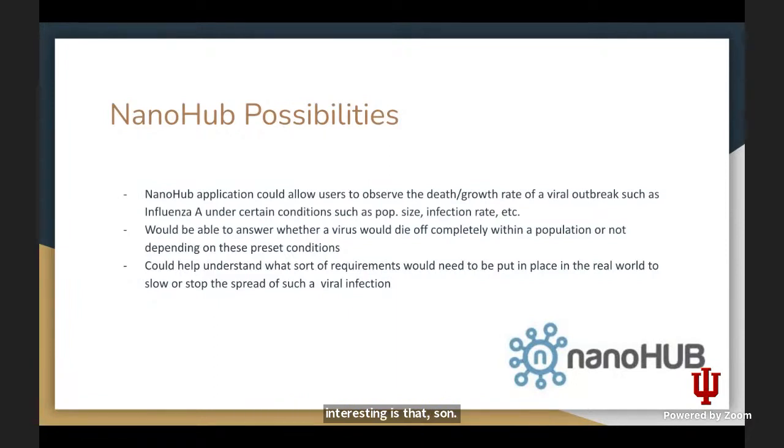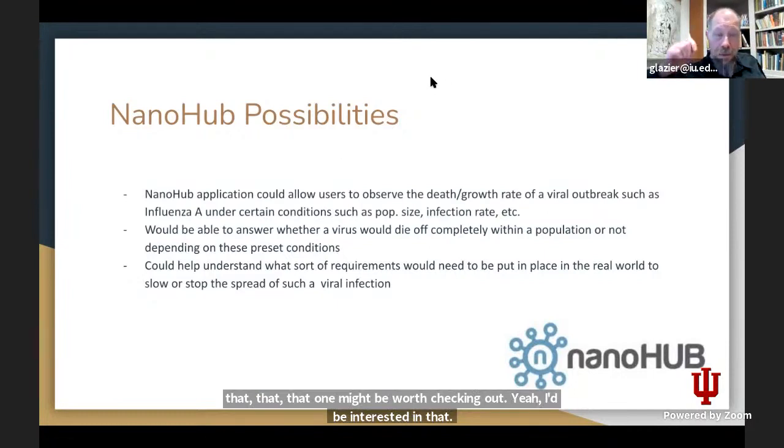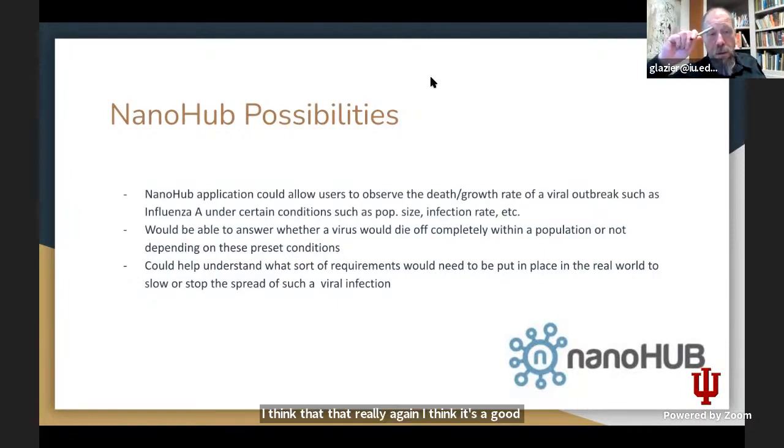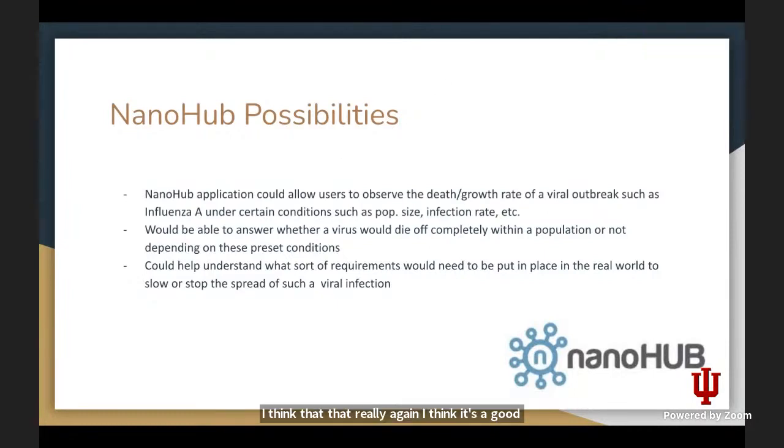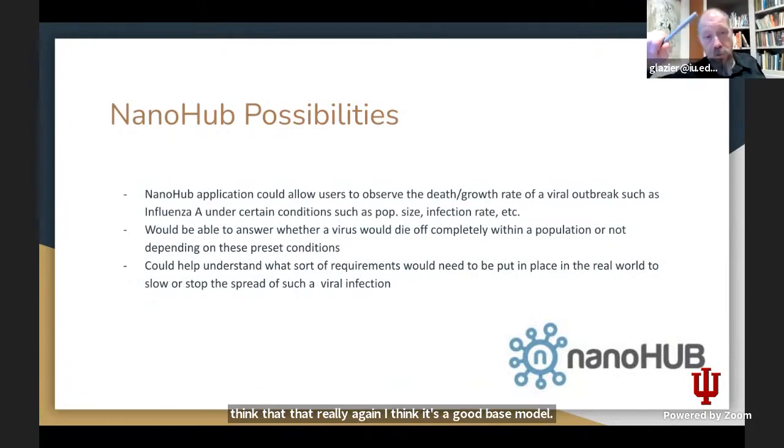It's just a little bit more realistic and uses additional data to estimate some of the parameters of the model, specifically the clearance by immune cells. So that one might be worth checking out. Yeah, I'd be interested in that. I think, again, it's a good base model. And I think you'd start with that and then see how far you can get. Maybe add on a little bit at the end if you get it done.